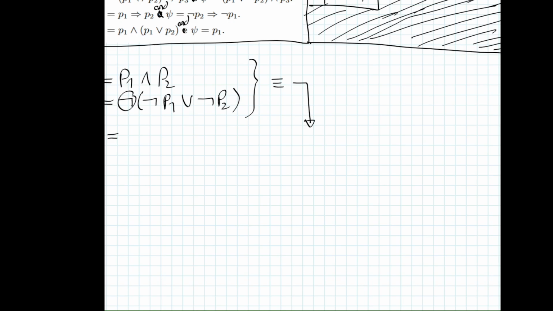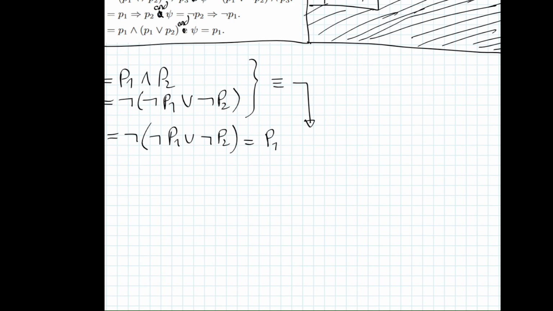By negating the whole thing, we obtain, so the negation of the negation equals P1, so no negation anymore.